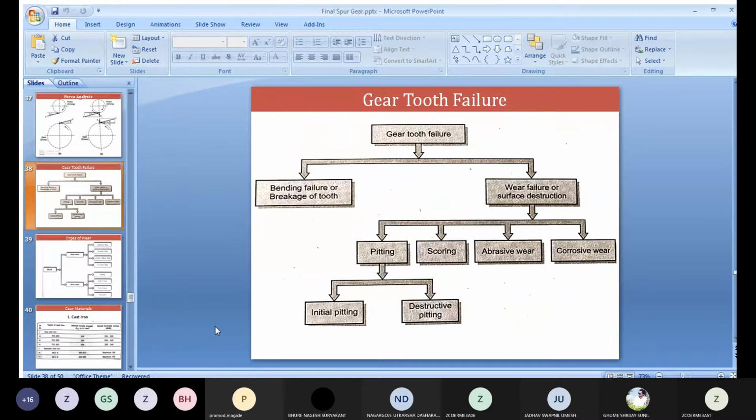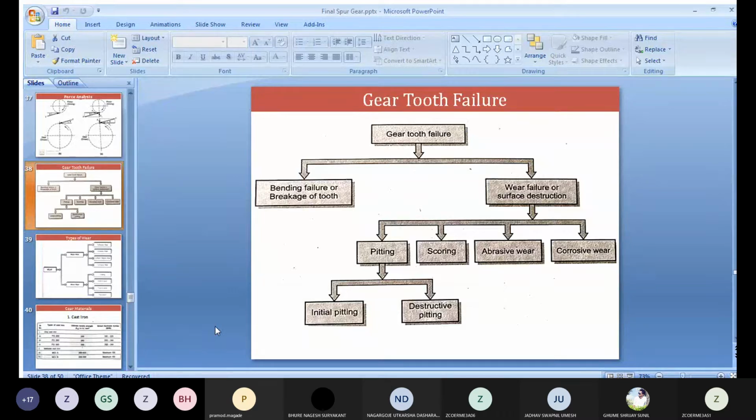So first write down bending failure or breakage failure. In that, the first point: every gear tooth acts like a cantilever beam. How a cantilever? I have shown you the diagram.